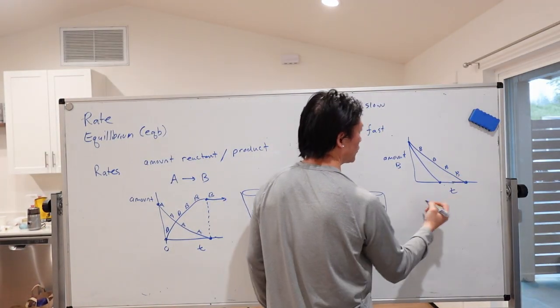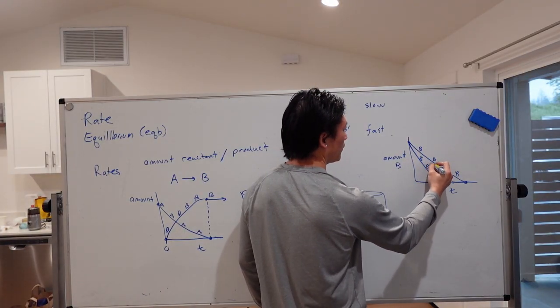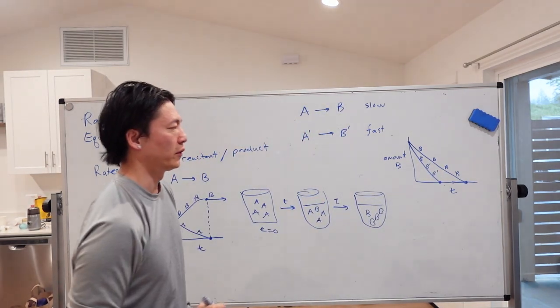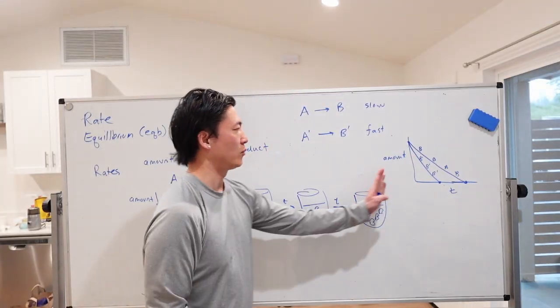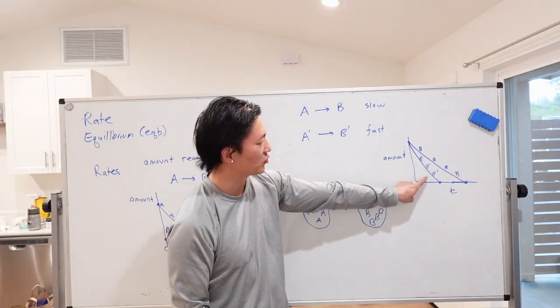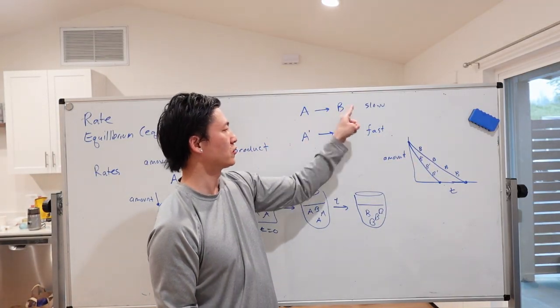Boom, it finishes right there. So this one's much faster, this is B prime, which is the fast scenario. And let's just make this B on the vertical, or the amount on the vertical. Watching the fast version, it's a lot faster relative to the slow one, right?